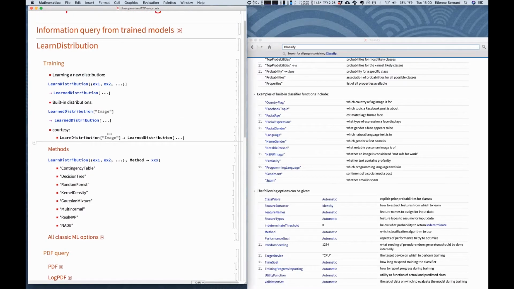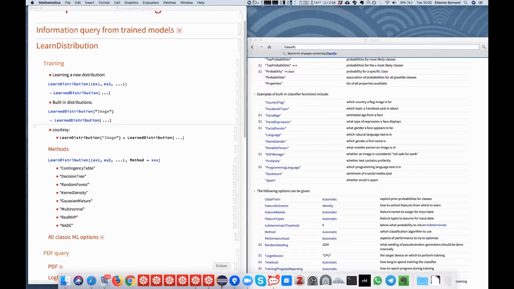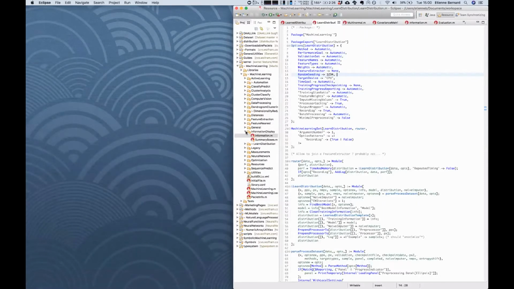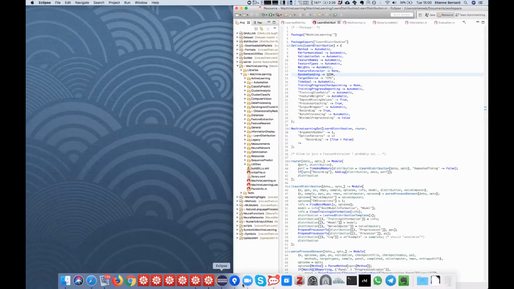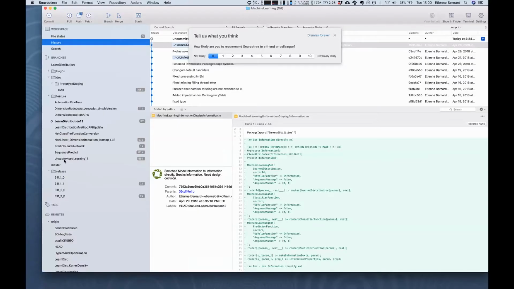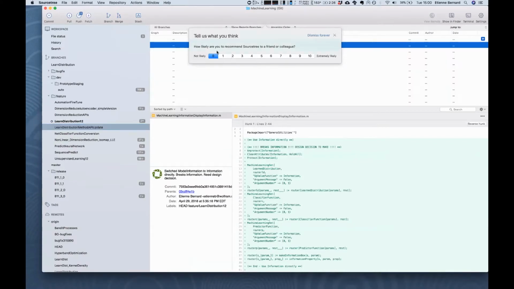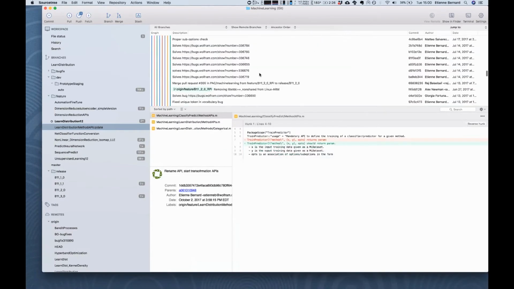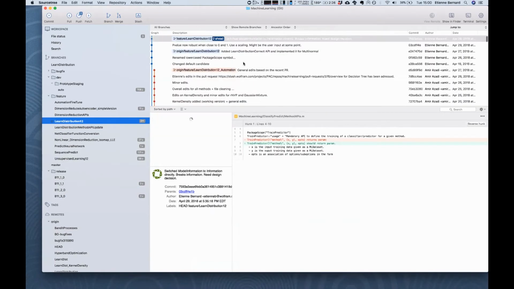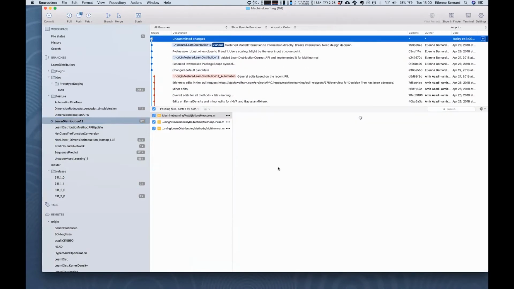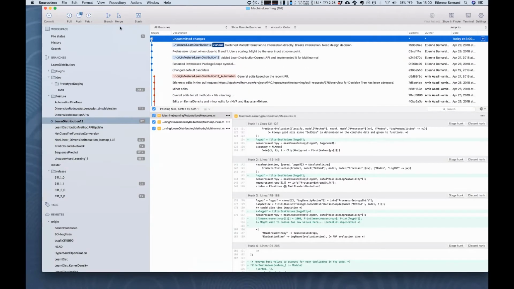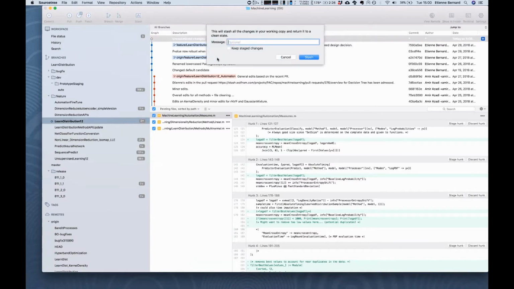Okay, so can you show me an example? Like, can you learn a distribution of cats? Oh, cat images? Okay, sorry, I have to get back to a commit that is decent, because I was in the middle of changing stuff.